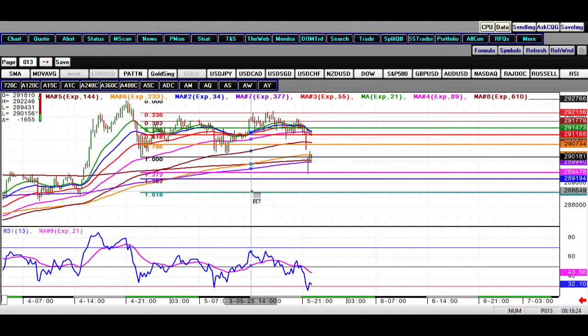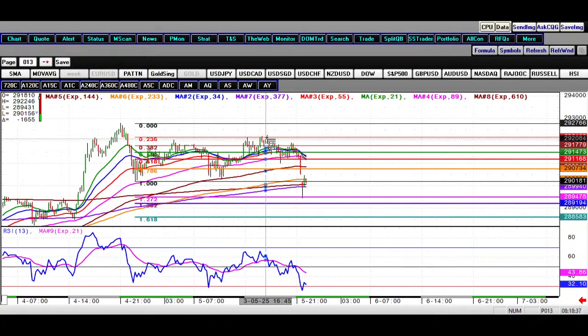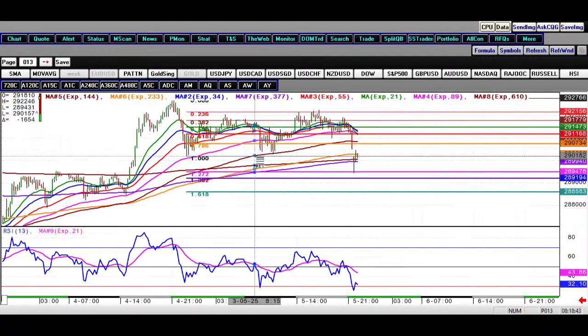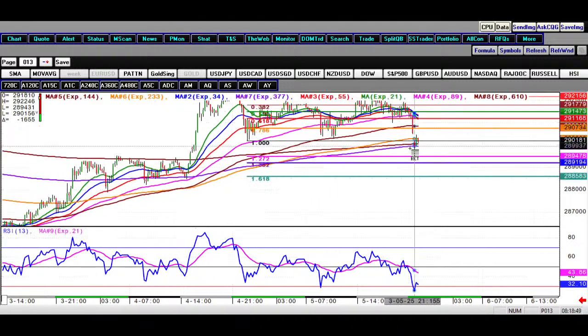So these three levels are important for us to pay attention to. If these three levels are cleared, then we can expect the price to push beyond this high and test the high.